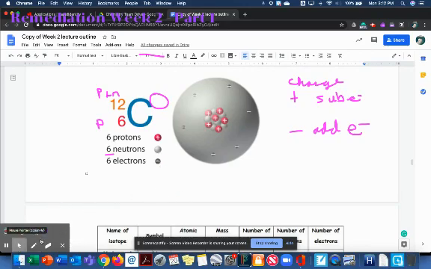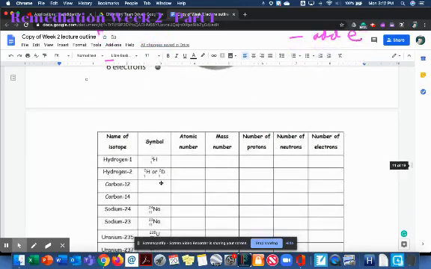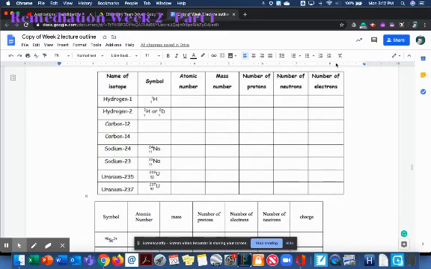So, for instance, if we look at some examples, keep in mind that there's two kinds of notations here.